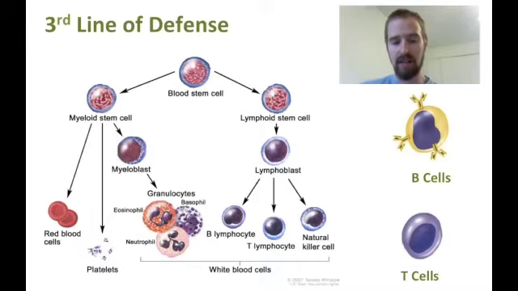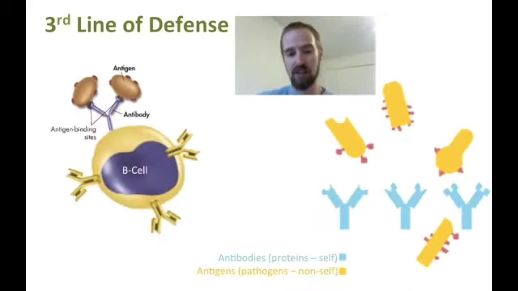And our third line of defense, or our specific immune response, is based on a whole bunch of different kinds of cells. Most of them are things that we would call white blood cells. And in particular, we have these white blood cells known as B cells and T cells. Those B cells seem to have these funny little Y-shaped things sticking out of them.